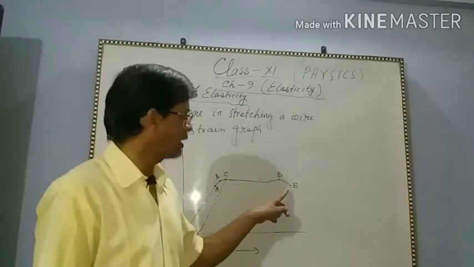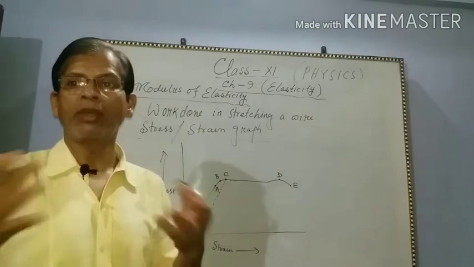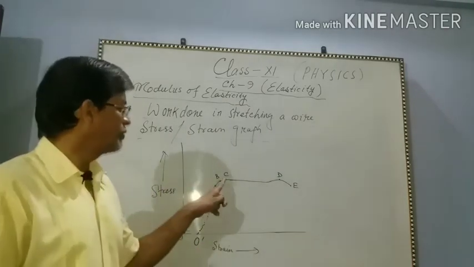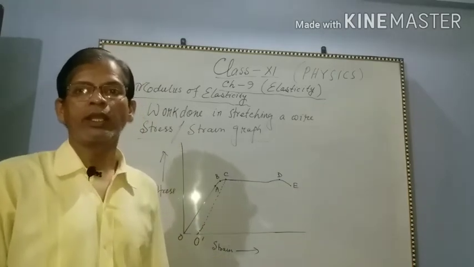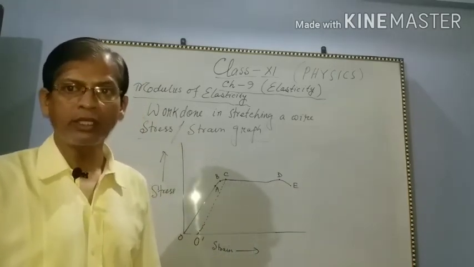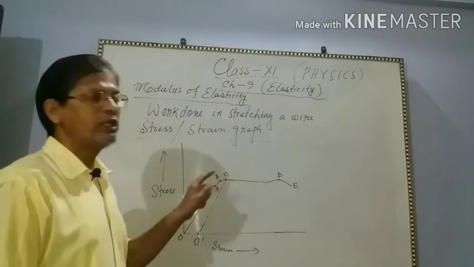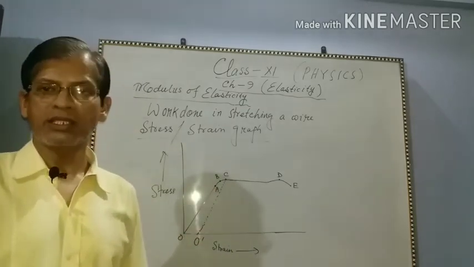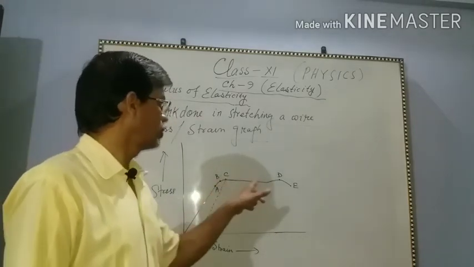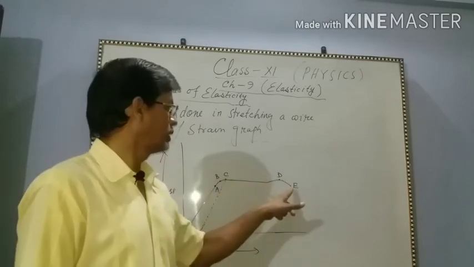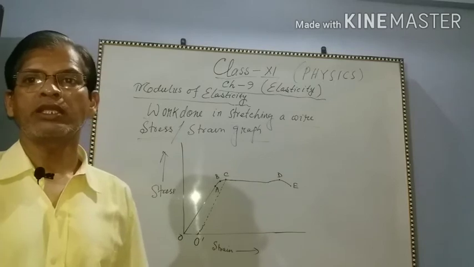And at point E, the wire breaks down. So point C is called the yield point and point E is called the breaking point. O to B is called the elastic region, and B to E is called the plastic region.